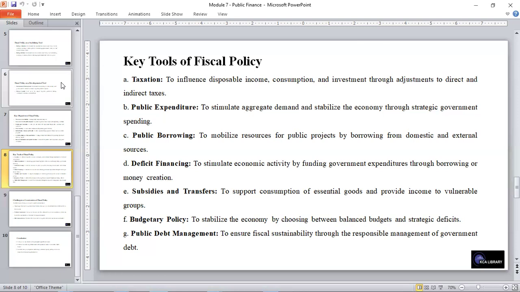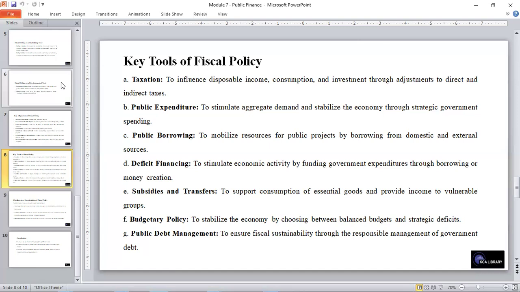And public borrowing as a key tool of fiscal policy serves as an avenue to mobilize resources for public projects by borrowing from domestic and external sources. And then deficit financing is a tool that stimulates economic activity by funding government expenditure through borrowing or money creation.